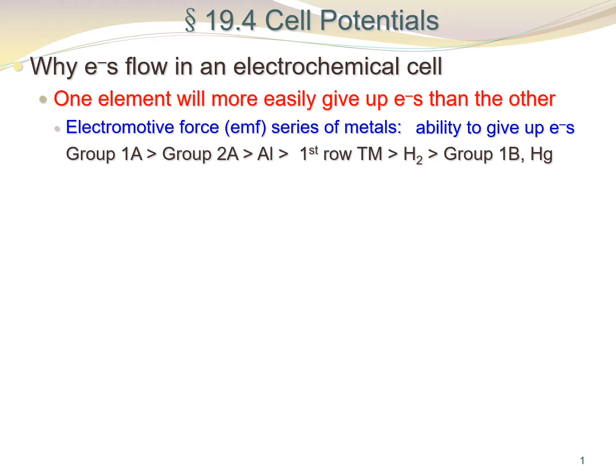Then it is followed by hydrogen. You may wonder why we put hydrogen here, because hydrogen is a non-metal gas. Well, we will discuss why we put hydrogen here later on in our discussion. The last place will be the elements in group 1B, which includes copper, silver, and gold, and then mercury.